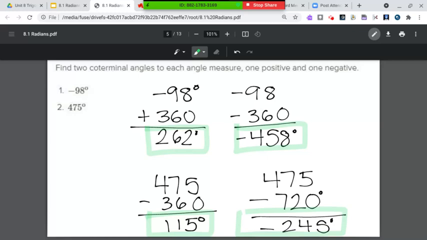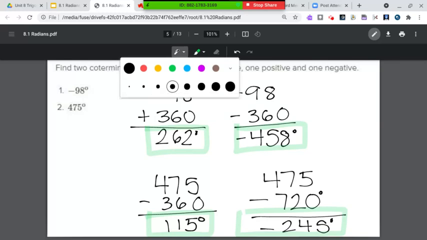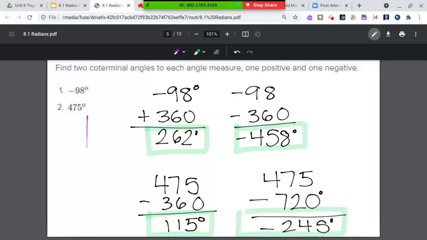Yeah, sure. Absolutely. Do you want me to do it with the negative 98 or the 475? Whichever. Okay, I'll do it with the 98. Let me use purple. So let's draw a coordinate plane here. Our initial side always starts on the positive x-axis.